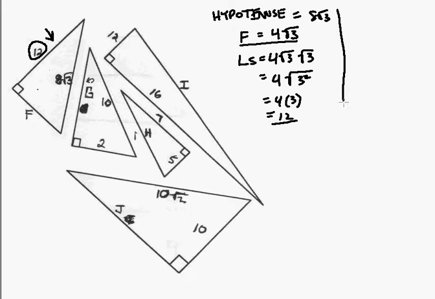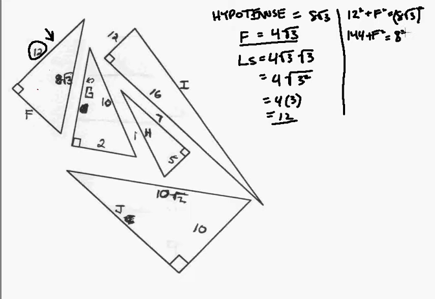Now, if you did this using the Pythagorean theorem, you would go 12 squared plus f squared is equal to 8 square root of 3 squared. Well, that's 144 plus f squared.